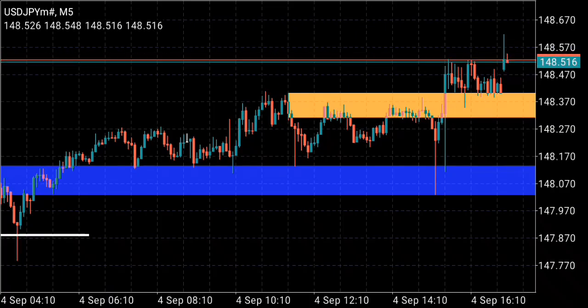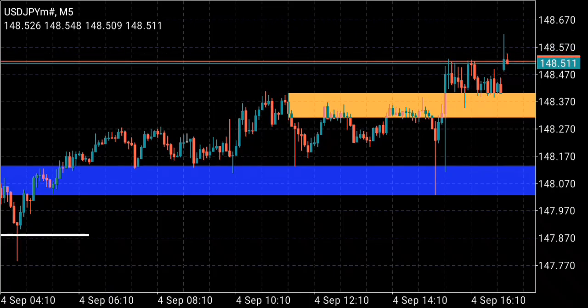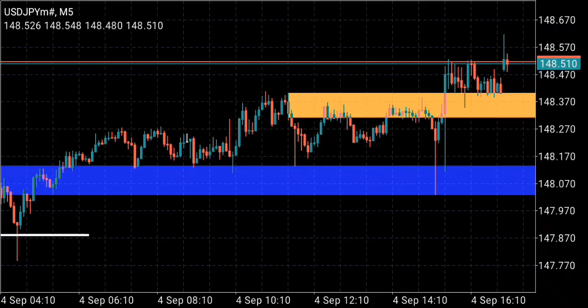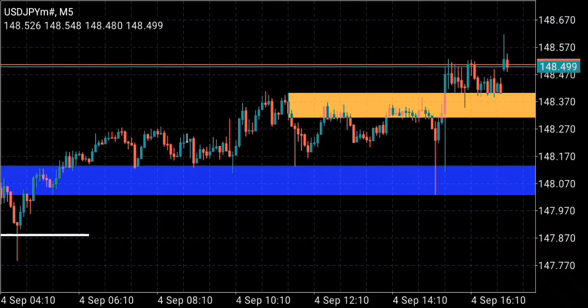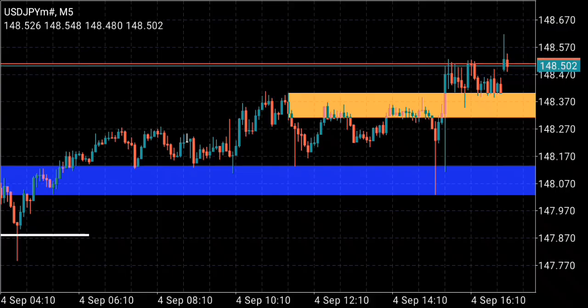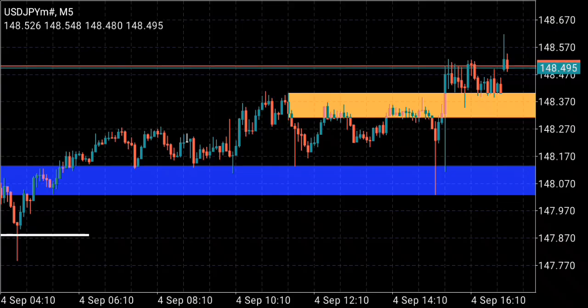In other words, the liquidity block took the price below the previous higher low, then went again to that previous yellow area.